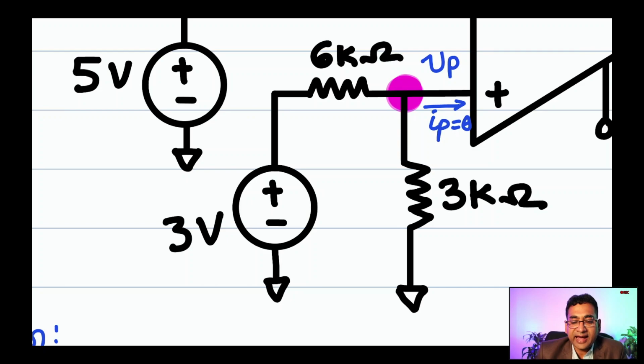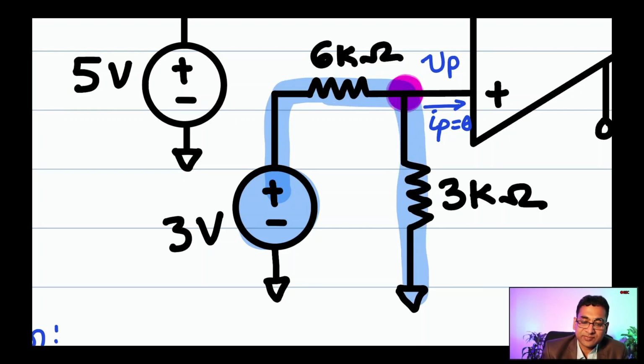So, what we have really is 3 volts, pay close attention, this 3 volts is part of a voltage divider between 6 kilo ohms and 3 kilo ohms.